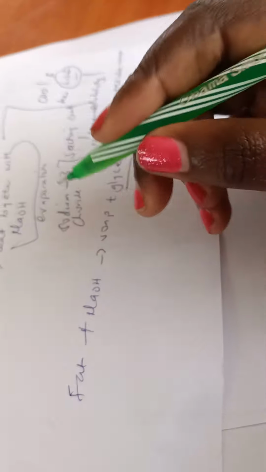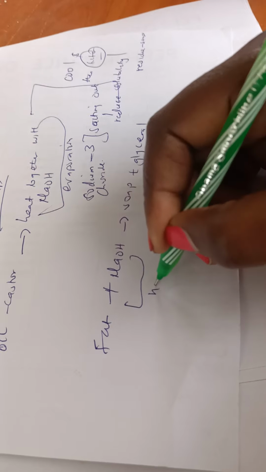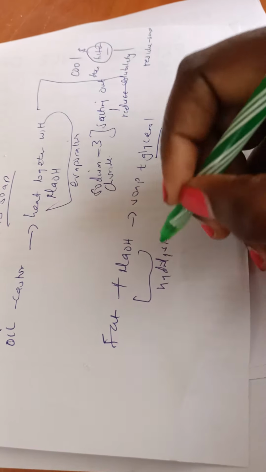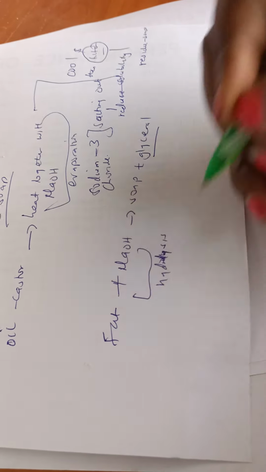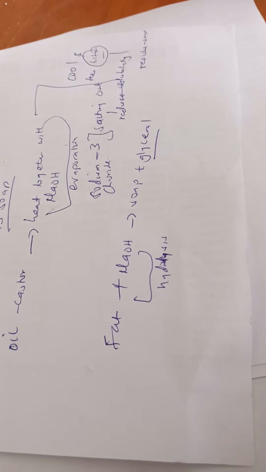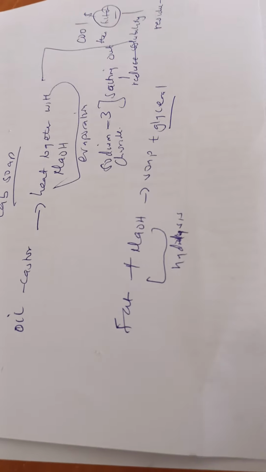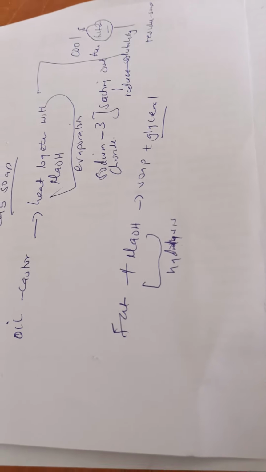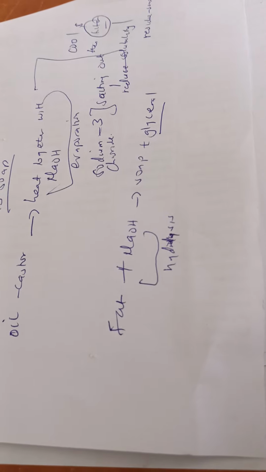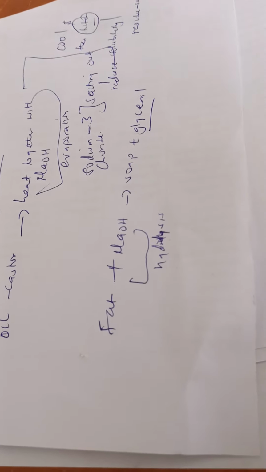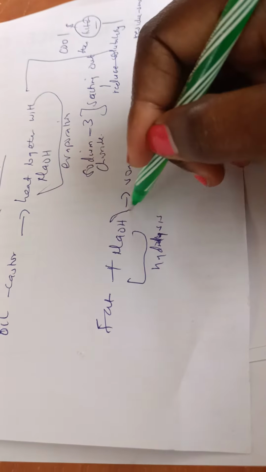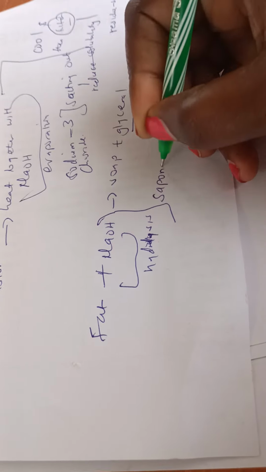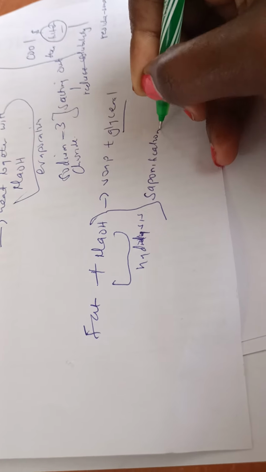So we are saying, when an alkali is bonded with oil or fat, the process is called hydrolysis. Hydrolysis takes place, and we get soap plus a glycol. And when a fatty acid or a fat is hydrolyzed in the presence of an alkali, we refer to this process as saponification.